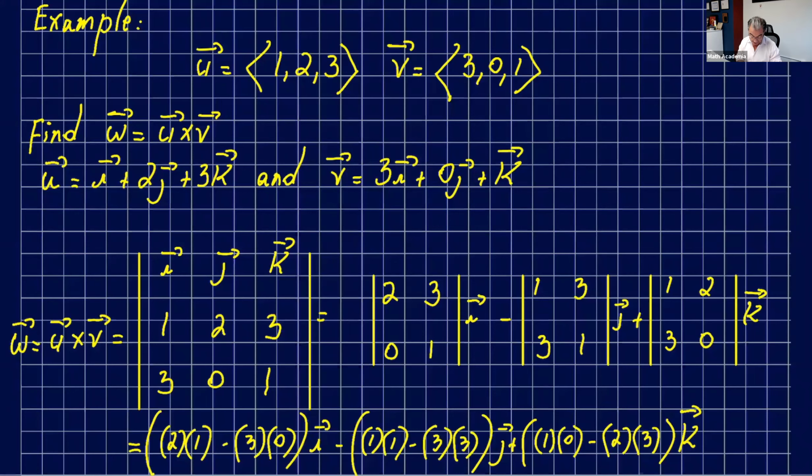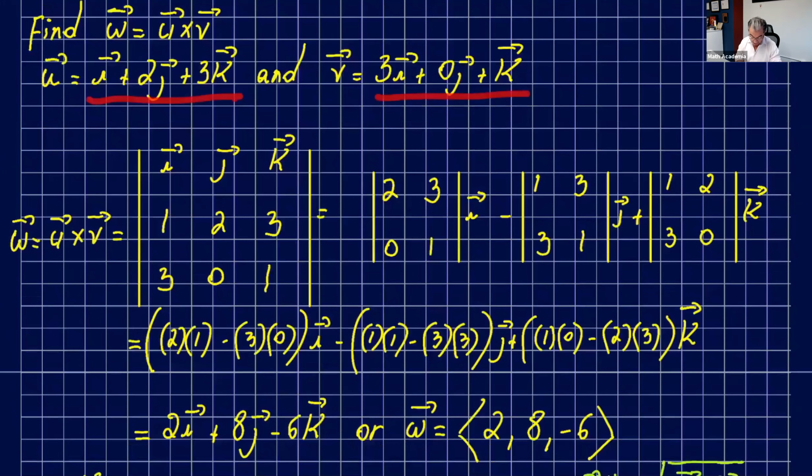You take the u vector and the v vector, and you write the components of u, the components of v, and then for the i component I wrote that determinant. For the j component, you take the determinant of that matrix, don't forget the negative sign here. And for k, you take the determinant of that matrix. And you can just calculate those.